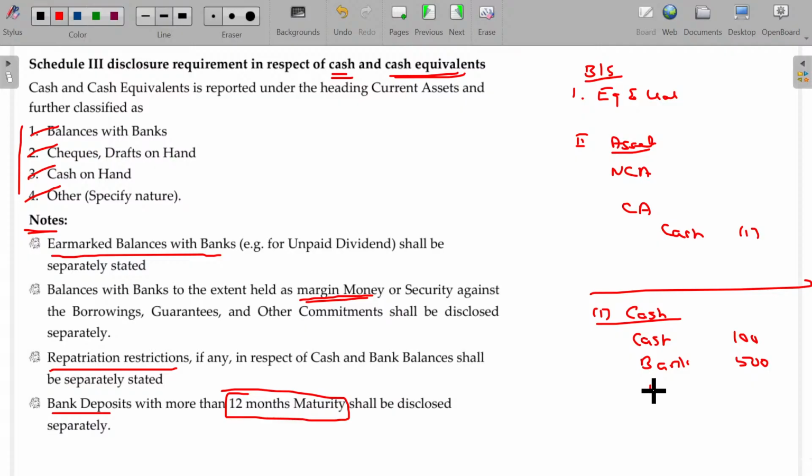Now, some deposits. See, think how much cash you have. You have 600,000 rupees in cash. You are in need of 300,000 rupees immediately to spend. What will be your position? You will be pretty happy.